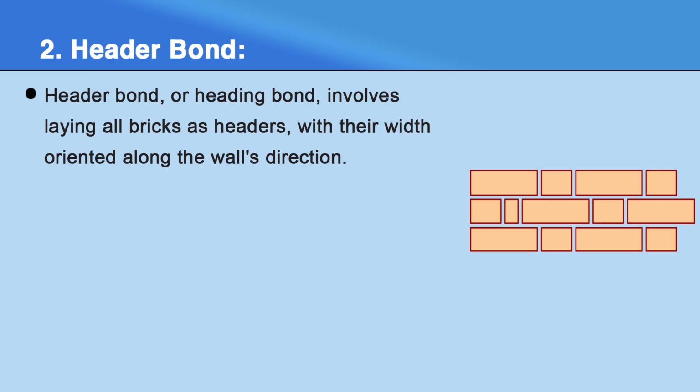This orientation is in contrast to what the stretcher bond is, where longer faces are aligned along the wall. So, here the shorter face and there the longer face is aligned along the wall.